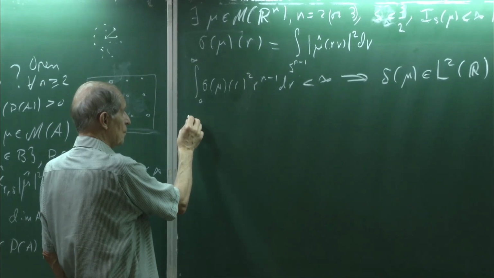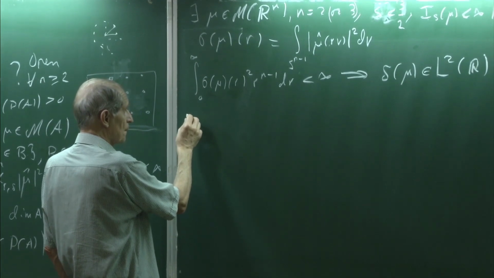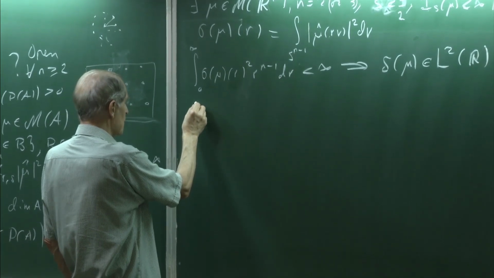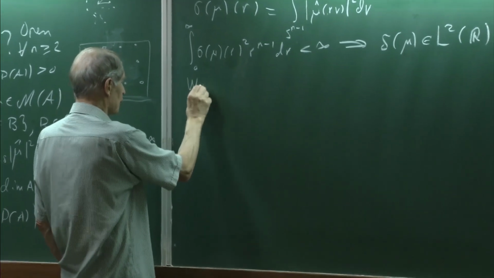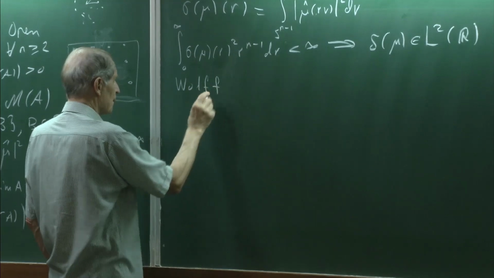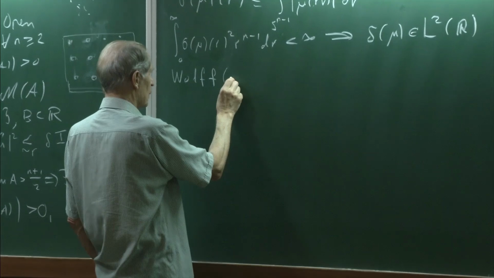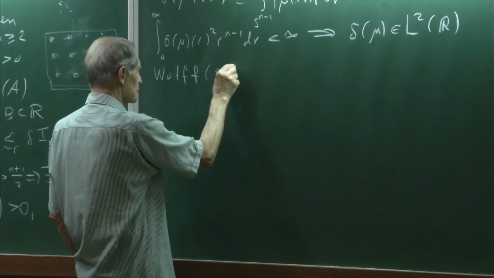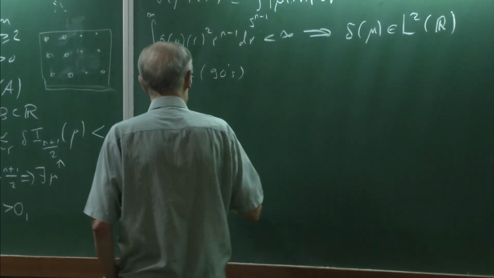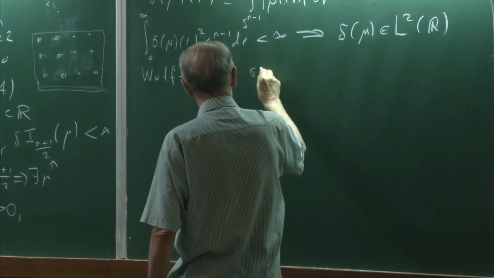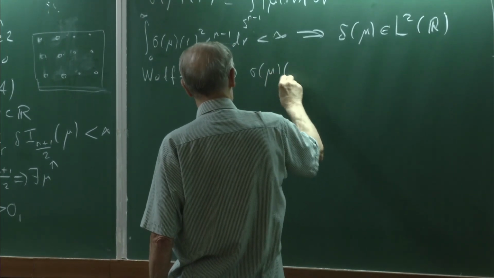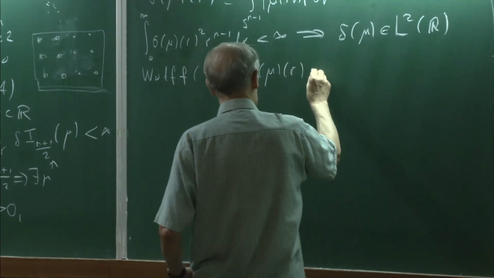So Tom Wolff proved, in, I don't remember, somewhere in the 90s, that you get an optimal estimate for sigma mu r up to some epsilon.